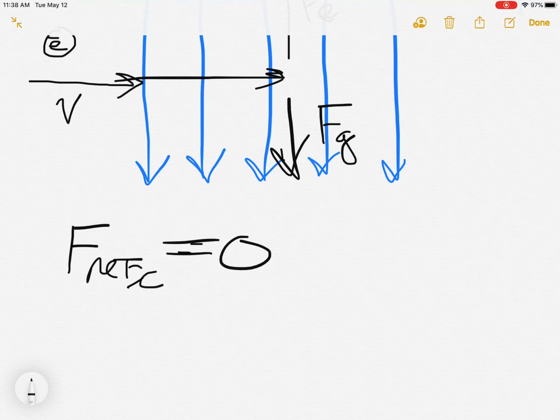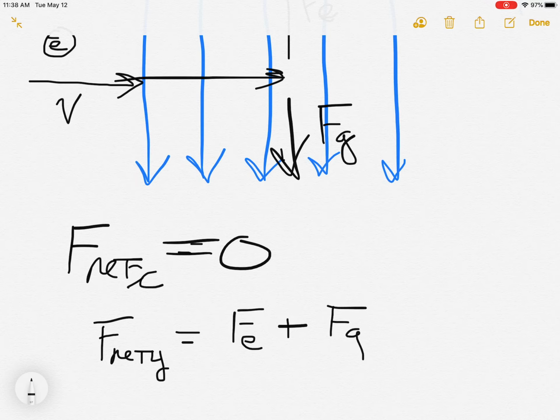So the F net X is 0. F net X is 0. But F net Y is equal to some combination of the electric force from the field and the gravity force pulling down.